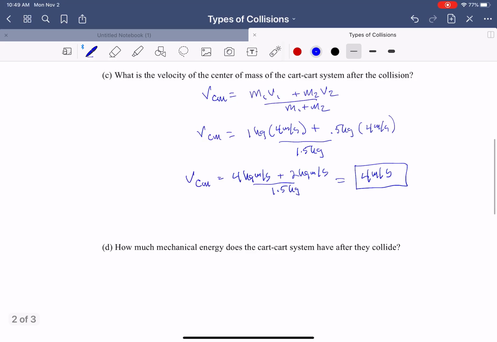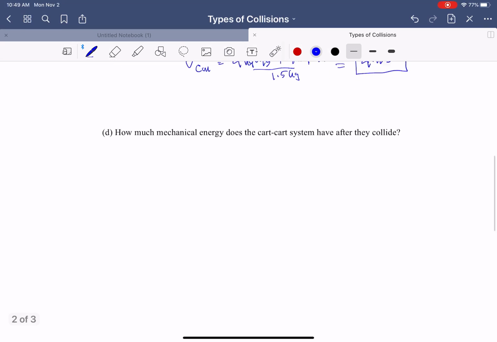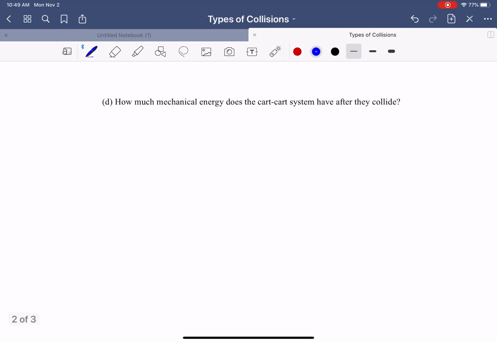Then it says, how much mechanical energy does the cart-cart system have after they collide? So I need to find, again, the mechanical energy here is kinetic energy. So I need to find the kinetic energy. 1/2 times the mass of my 1 kilogram cart times the velocity of my 1 kilogram cart squared plus 1/2 times the mass of my 0.5 kilogram cart times the velocity of my 0.5 kilogram cart squared.